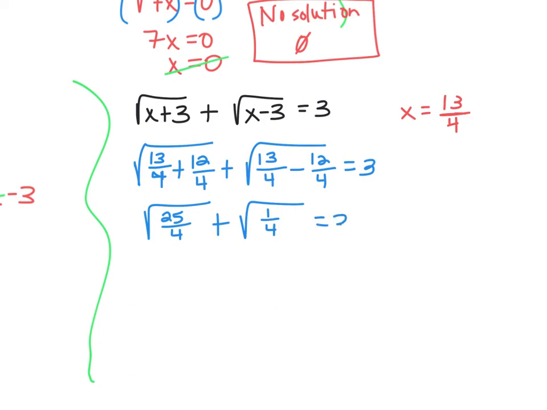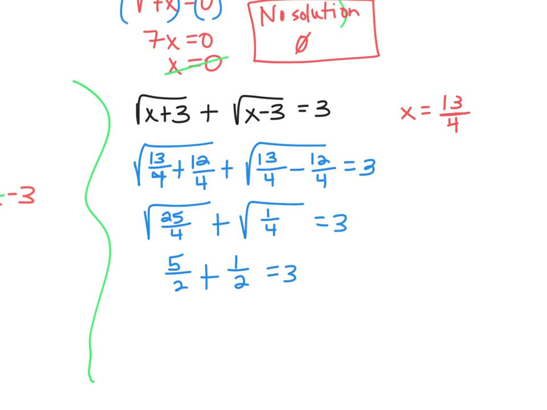Right hand side is obviously 3. All right, well, the square root of 25/4 is just going to be 5/2 because the square root of 25 is 5, the square root of 4 is 2. So that will give me 5/2. The square root of 1/4 is going to be 1/2 because again the square root of 1 is 1, the square root of 4 is 2.